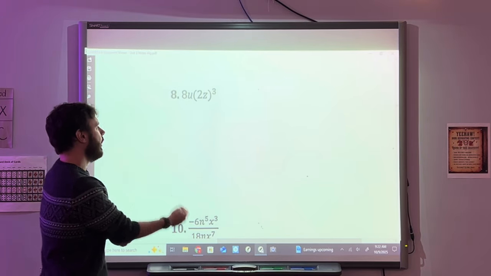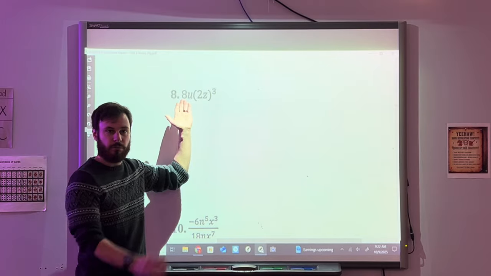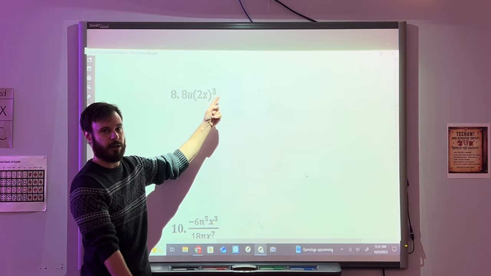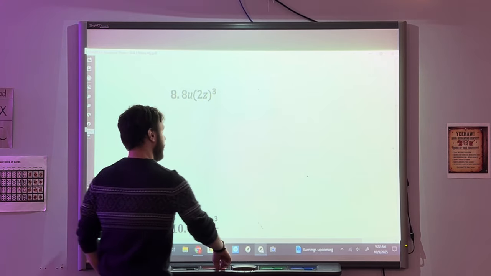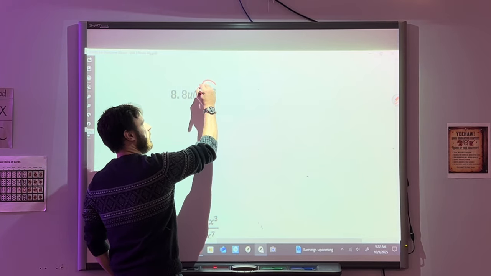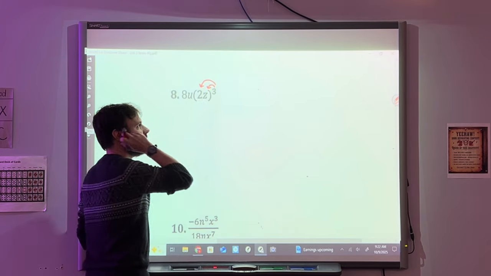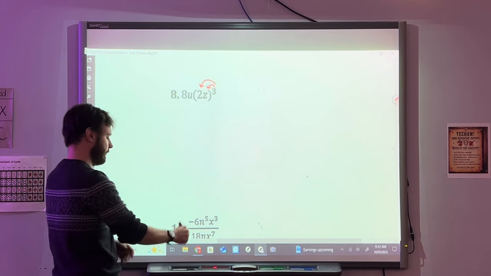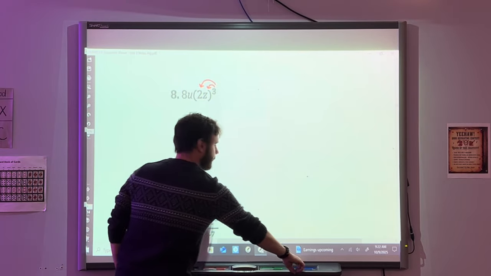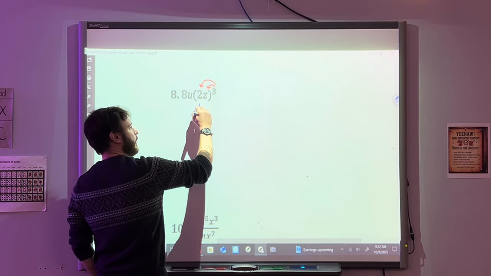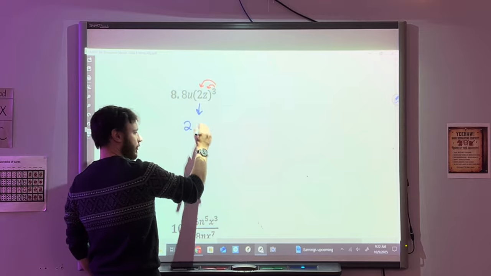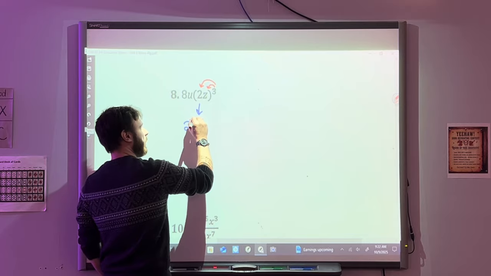Okay, 8. I'm going to ignore this in the front, just ignore it. I'm going to deal with this right now. This is my biggest thing I need to worry about. So just like last time, I'm going to give that 3 to everything on the inside. All right, this is going to look like 2 cubed.